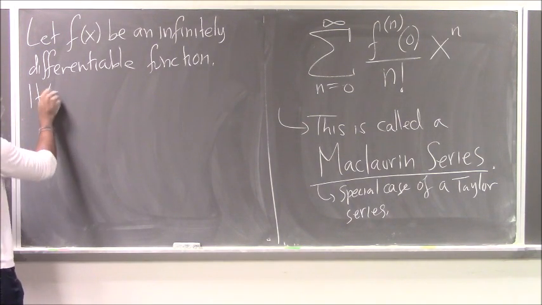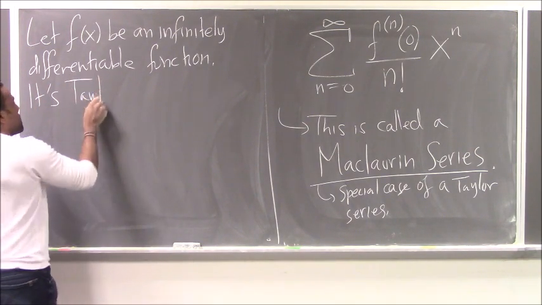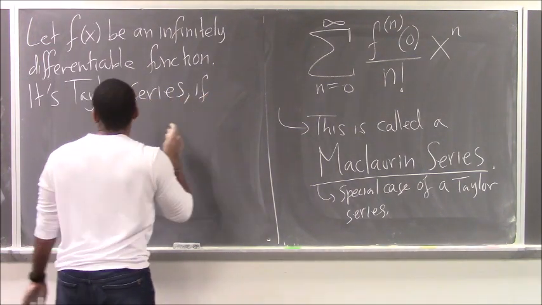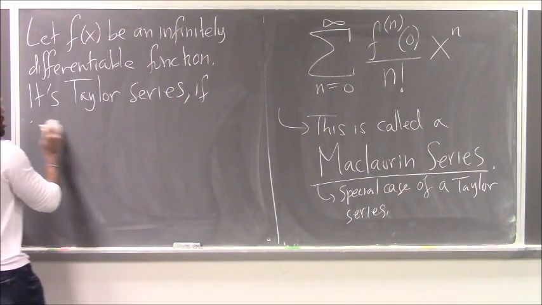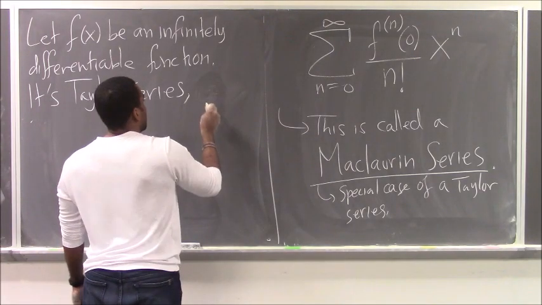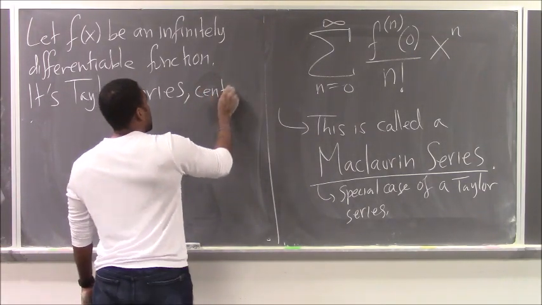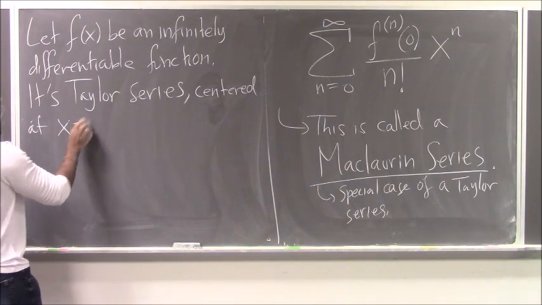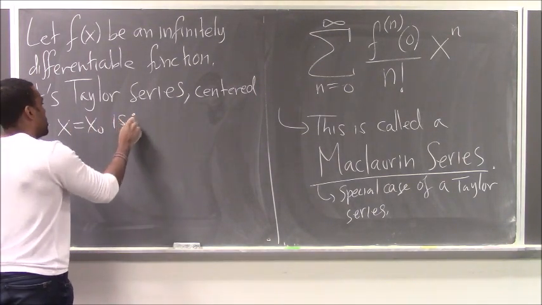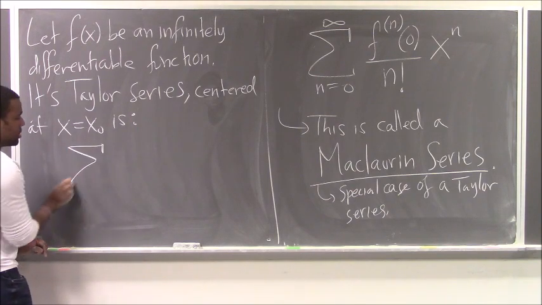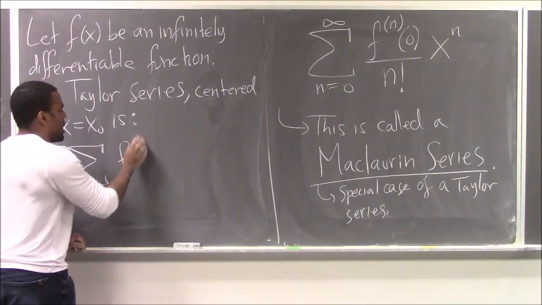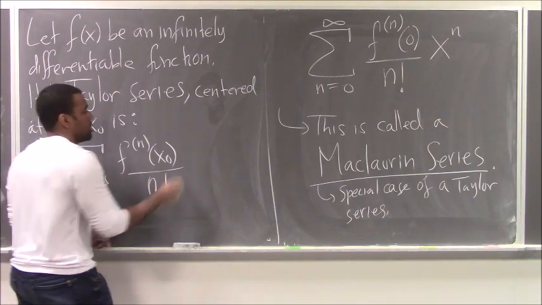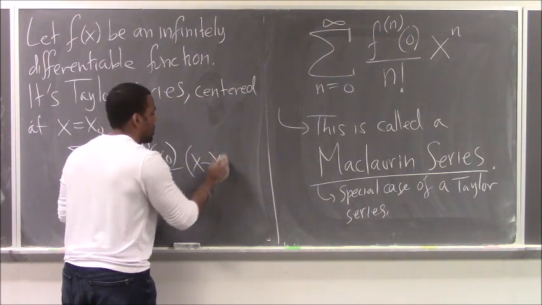Its Taylor series centered at x naught is this series. f to the n evaluated at x naught divided by n factorial times x minus x naught to the n.